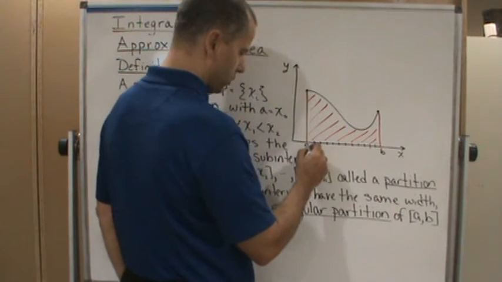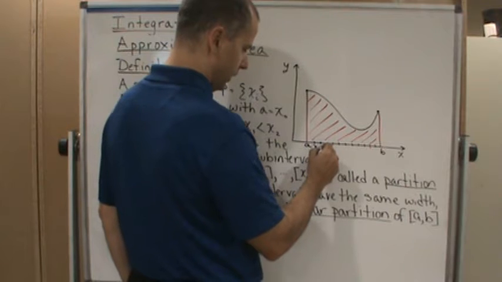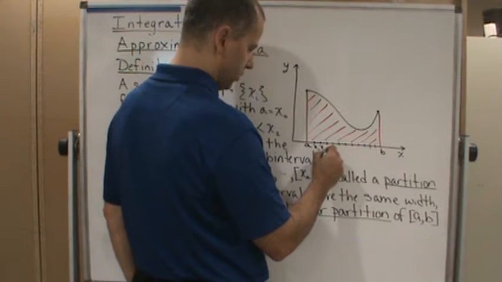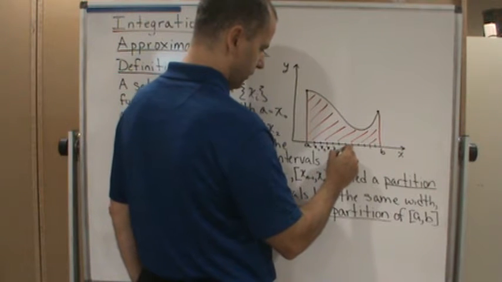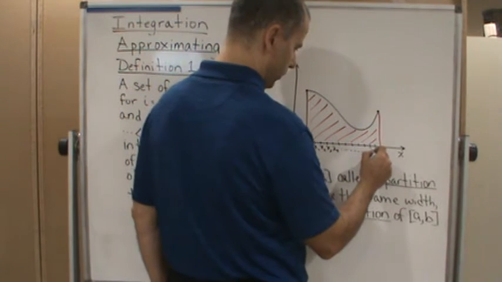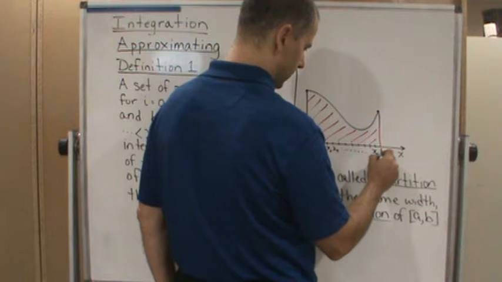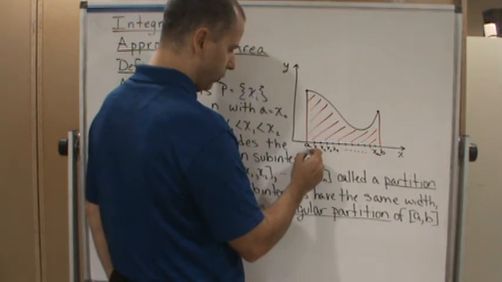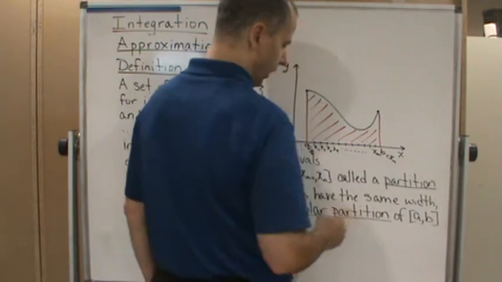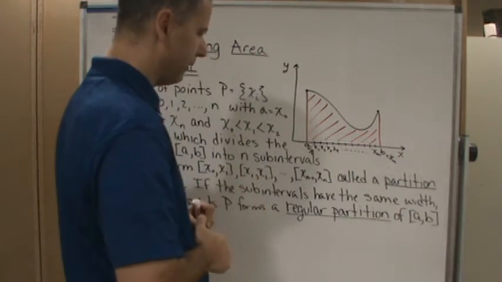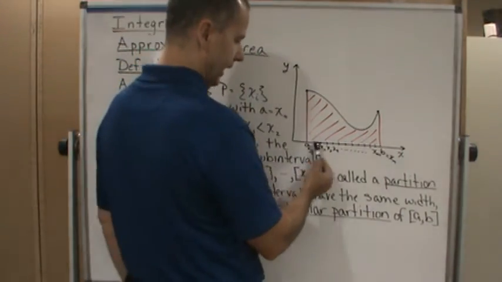The first one is going to be x1, and then x2, and then x3, and x4, and so on, all the way to x of n minus 1. A we call x0. B is equal to x of n. And so what we end up having is n subintervals.